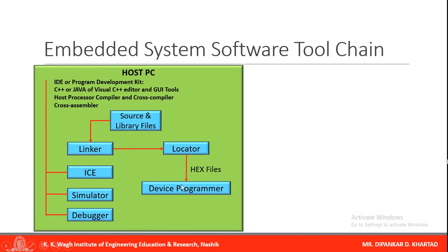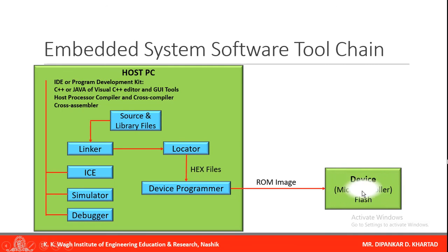So this hex file is dumped to our target system, that is our device, in the flash memory. So this is how the toolchain works. We will write our code as a source file, and that code will be converted to the hex file, and that hex file is dumped to our microcontroller flash. So the ICE, simulator, debugger will be used to debug this target device.